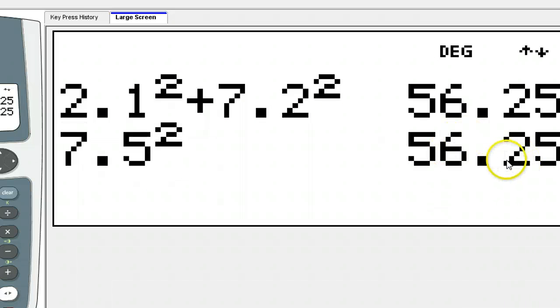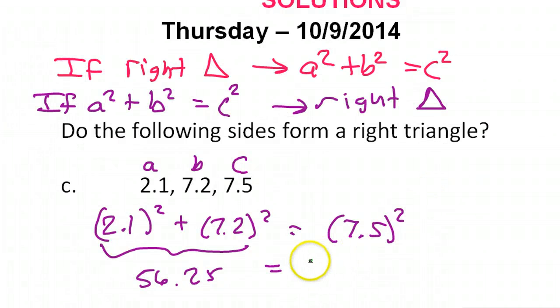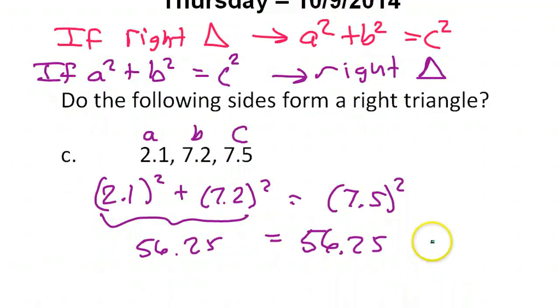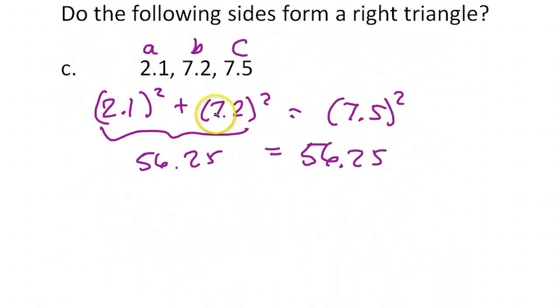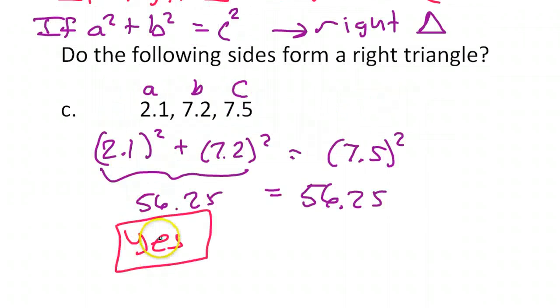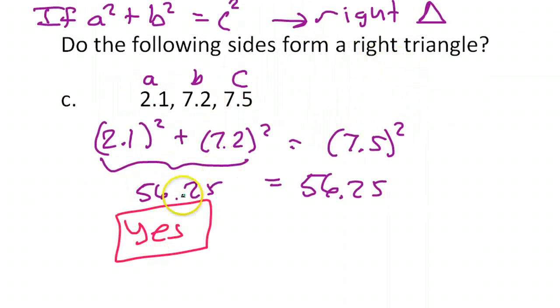Oh, look at that, 56.25, identical. All right, so since a squared plus b squared does equal c squared, then we'll say yes. And we're saying yes in answer to the question, do the following sides form a right triangle? In this case, yes, they do.